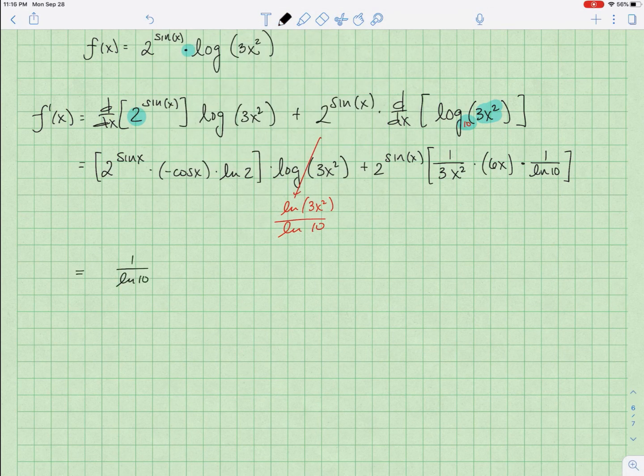This is 1 over the natural log of 10 times the quantity, let's see, negative natural log of 2 times the cosine of x times 2 to the sine x power. Oh, you know what? They both have a 2 sine x as well. Let's clean this up even more. What else do they have in common? Let's see, we got a natural log of 2 in common. No, not a natural log of 2. We got a 2 sine x in common. And we have that log base 10 in common. So let's pull that out.